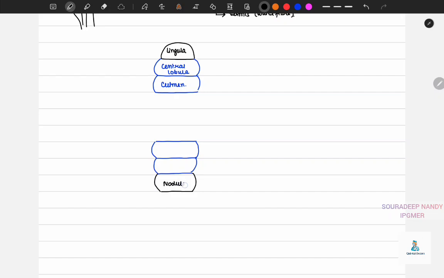This terminal part is the nodule, which has two lateral extensions named flocculus. The two parts above the nodule are pyramid and uvula, and in between these there are three parts of the vermis: declive, folium, tuber.